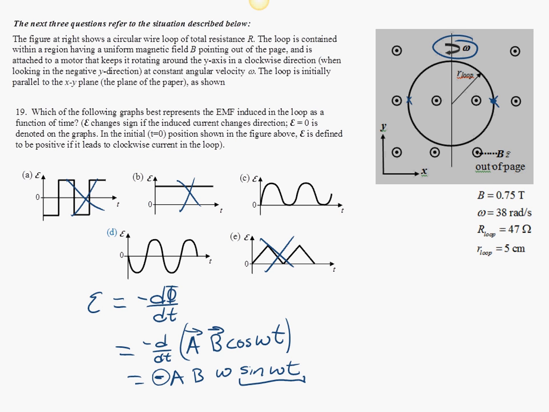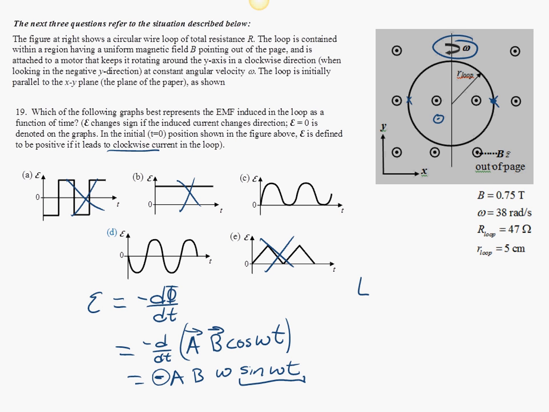So really the question is, does it start with a positive current, which is defined as clockwise here, or a negative current? And here I'm going to use Lenz's law, and it says that the induced current will oppose the change in flux. So we're starting with lots of flux pointing out, right?